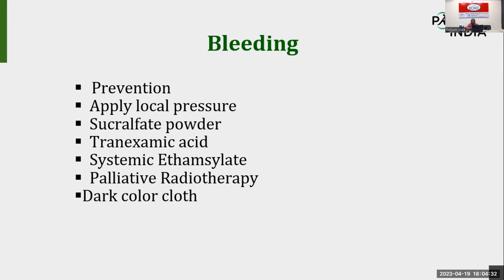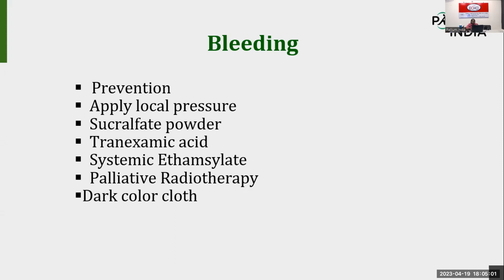And dark colored cloth, this is very, very important. You have to educate the caregivers. They should always keep dark colored cotton clothes for wiping out the blood, because if there is an accidental hemorrhage, or the tumor is protruding into major blood vessels, the patient will have huge bleeding.